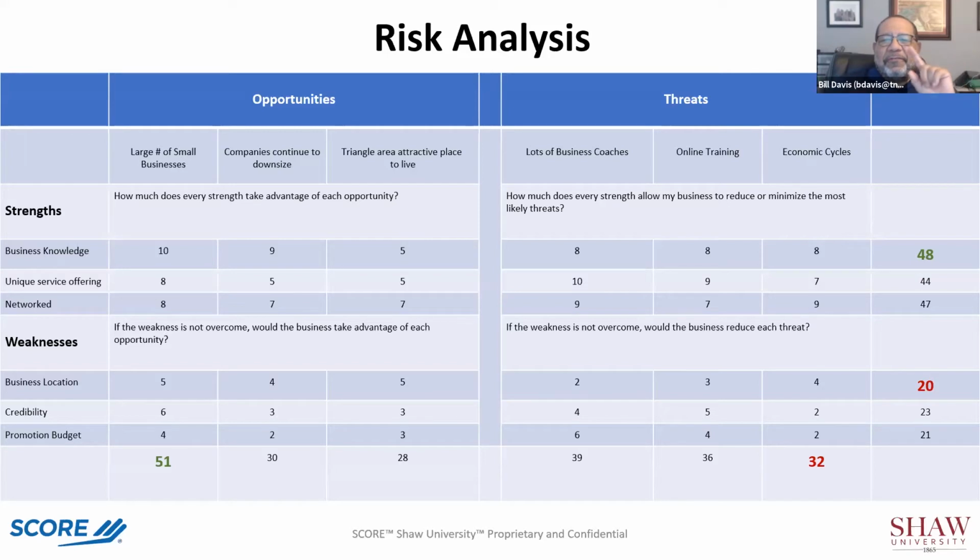In terms of threats and weaknesses, I'm looking for the smallest number, because those smaller numbers are risks that I need to figure out a way to mitigate so that they won't negatively impact my business. The larger numbers in terms of strengths and opportunities are opportunities that I can probably develop strategies around to benefit my business, okay?